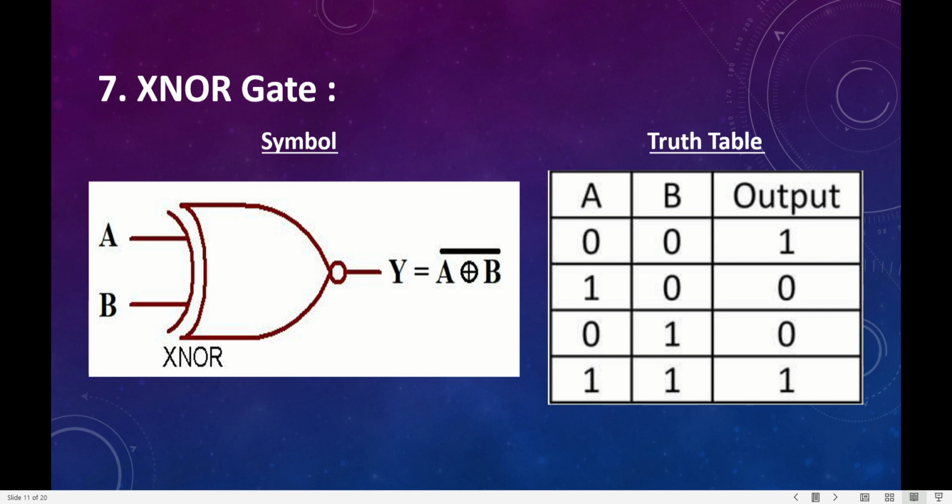Then, when input A is 1 and input B is 0, the output is 0. And when we provide input A as 0 and B as 1, the output is 0.